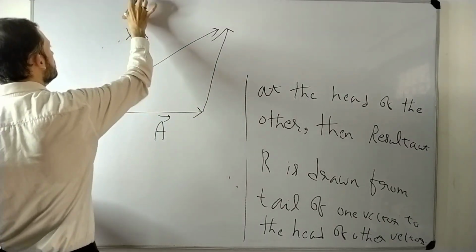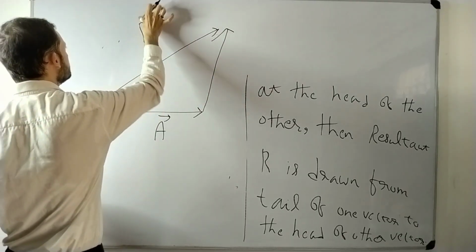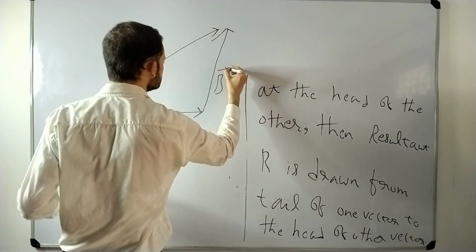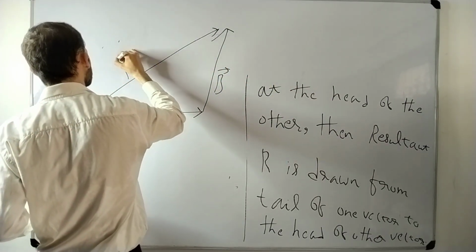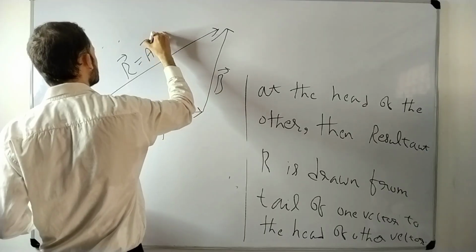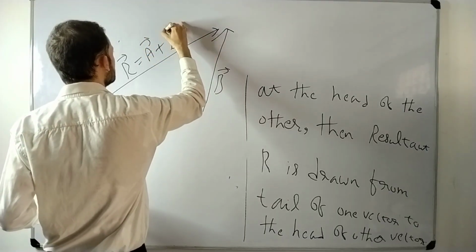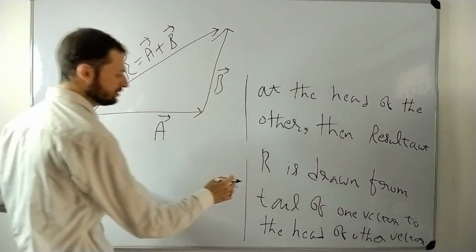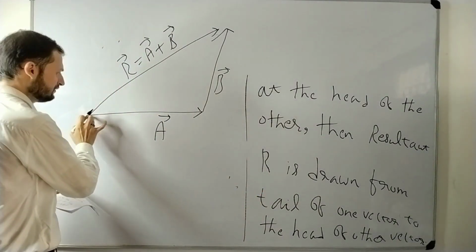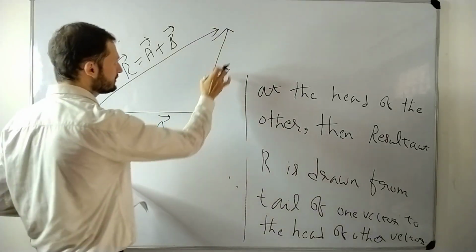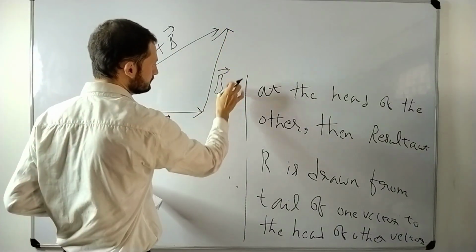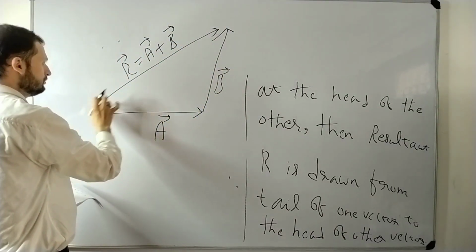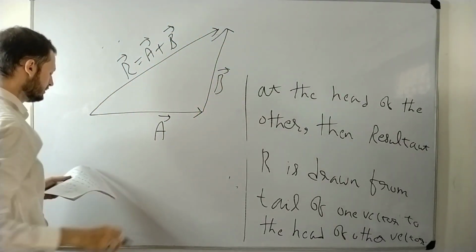So the thing here to be discussed is that B vector should be here and R is such that A plus B. This is addition of vectors, students. Resultant, as the statement goes, tail of the first vector A and head of the other vector B. When you join both of them, you get the resultant.